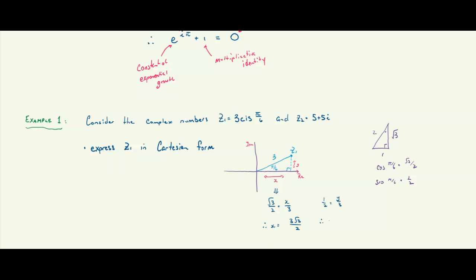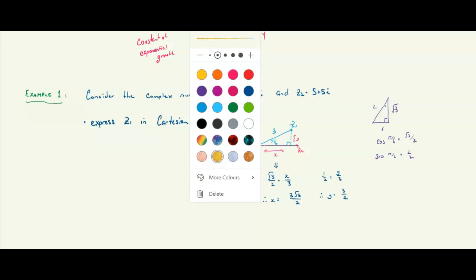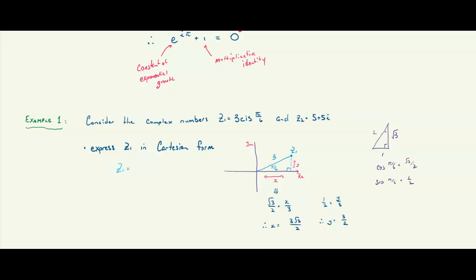So therefore, y is equal to 3 over 2. So we now have our x and y, so we can now represent Z1 in Cartesian form like so. Z1 is equal to 3 root 3 over 2 plus 3 over 2 i.